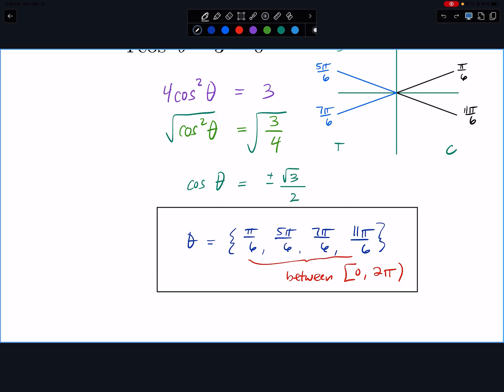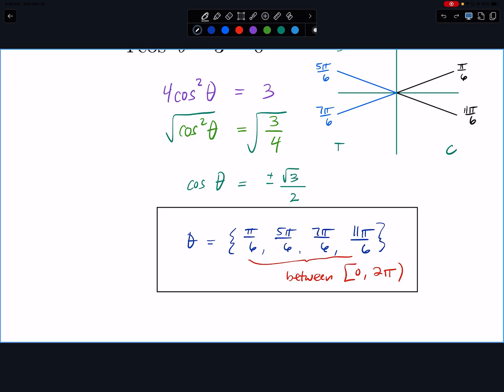Now, here comes the tricky part, the general solution. What is the period of cosine? 2 pi.